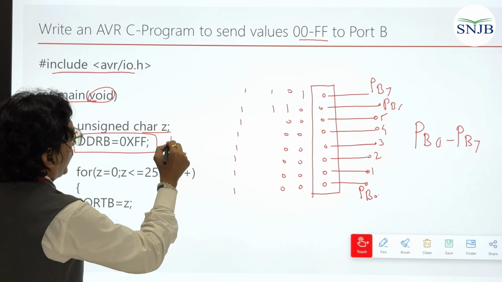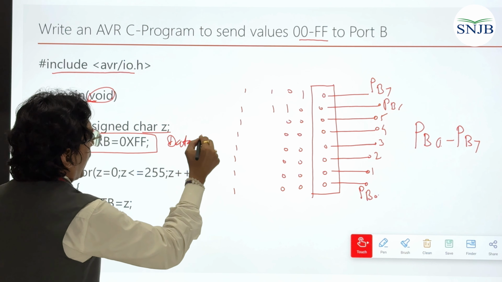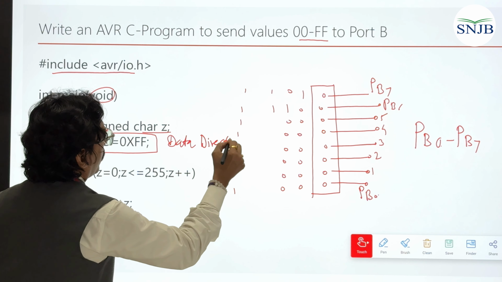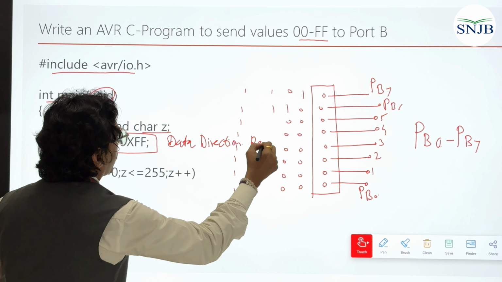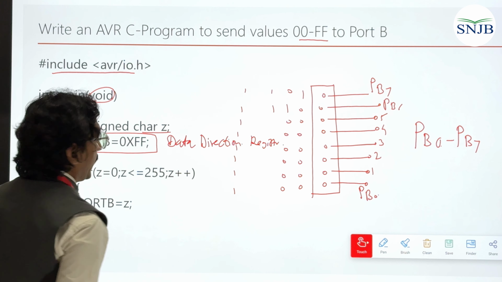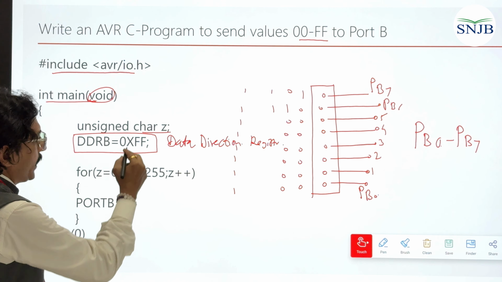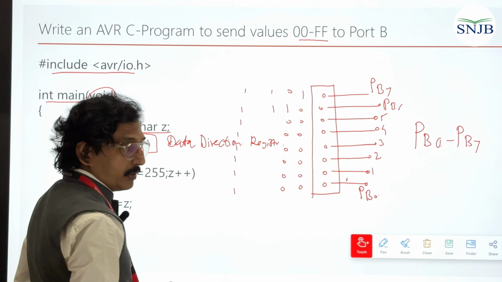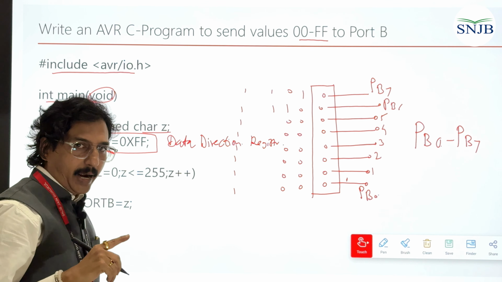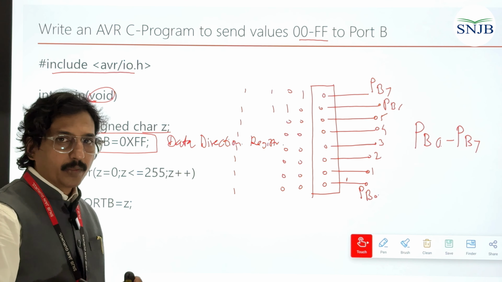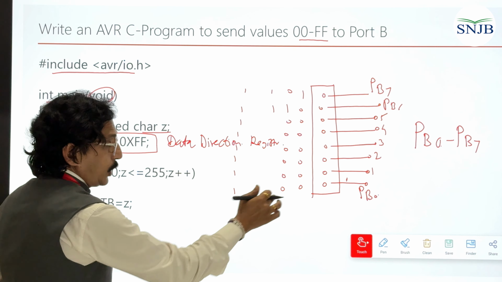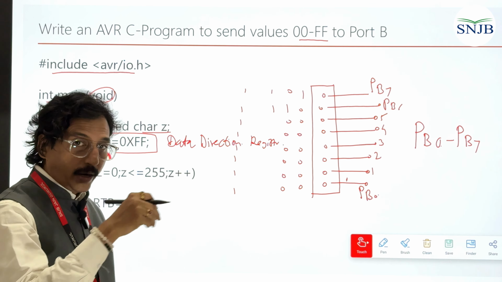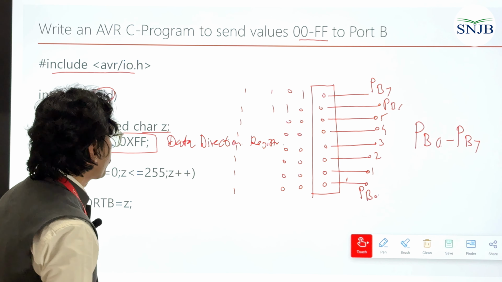This is the data direction register. Data direction means when you put 1 onto this particular DDR, it means that it acts as an output, and if you put 0 onto that direction, then the direction is input.